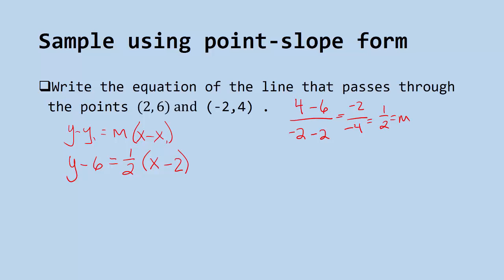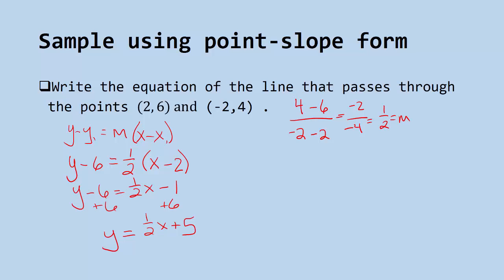And now I'm going to go ahead and do my algebra and arithmetic. So y minus 6 equals 1/2 x minus, well, 1/2 times 2 is 1. Now I need to add my 6, so I get y by itself. y is equal to 1/2 x plus 5.